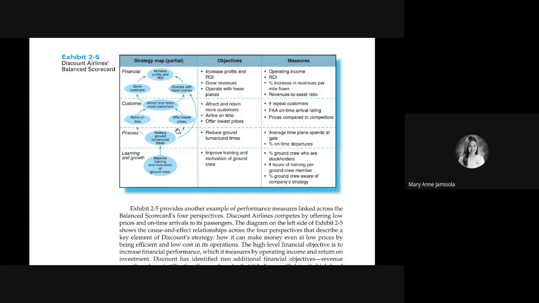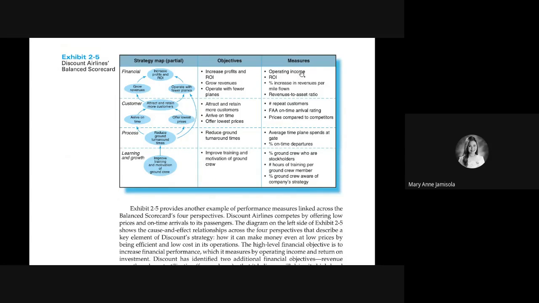And then how do they achieve this? How do they reduce ground turnaround times? They want to improve the training and motivation of the ground crew. So those are the objectives of the airline company. And then how do they measure these objectives with respect to profits? They can use the operating income.